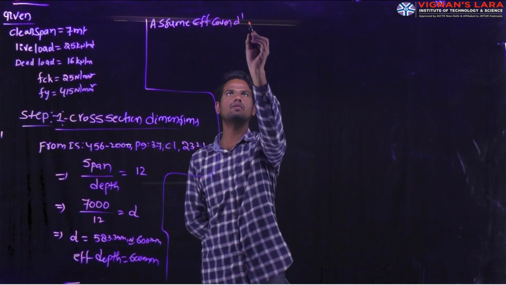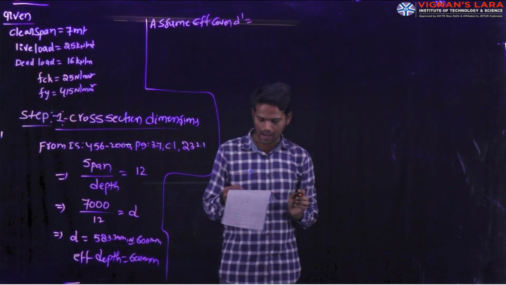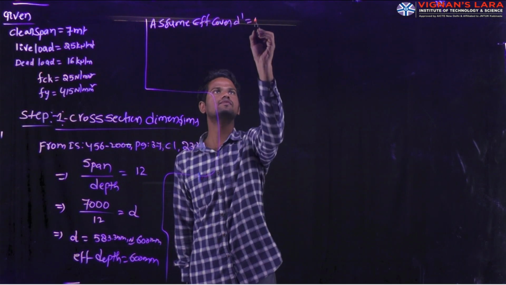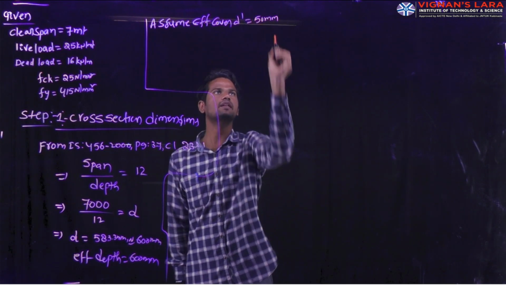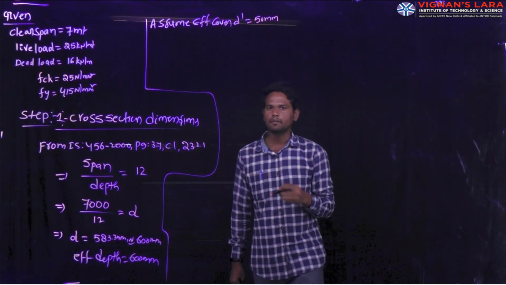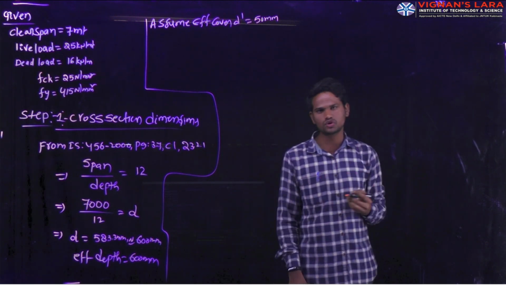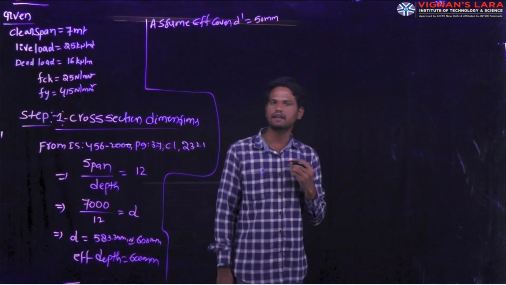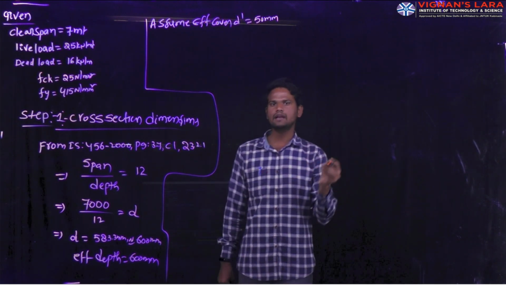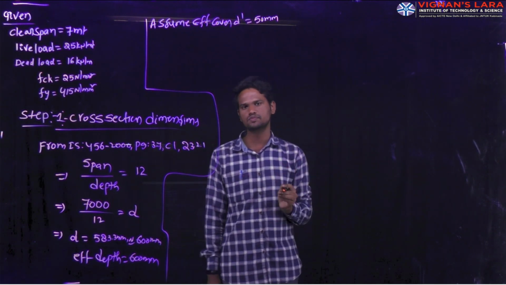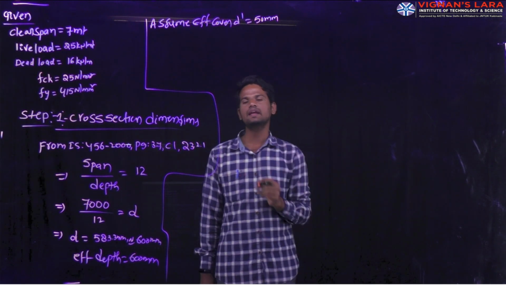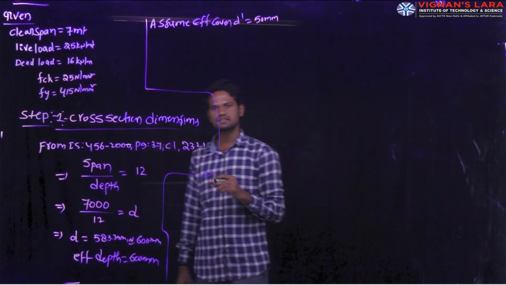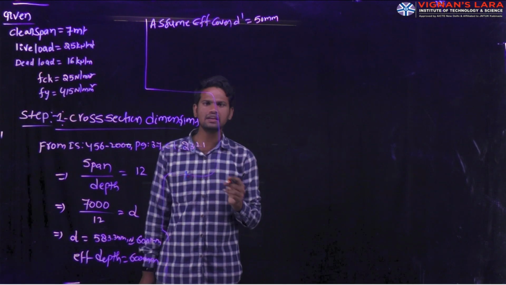Assume effective cover D dash equal to 50 mm. This effective cover is clear cover plus stirrups plus main bar divided by 2. You can calculate it by adopting the reinforcement bars, or directly adopt 50 mm or 60 mm based on the requirement of the design.